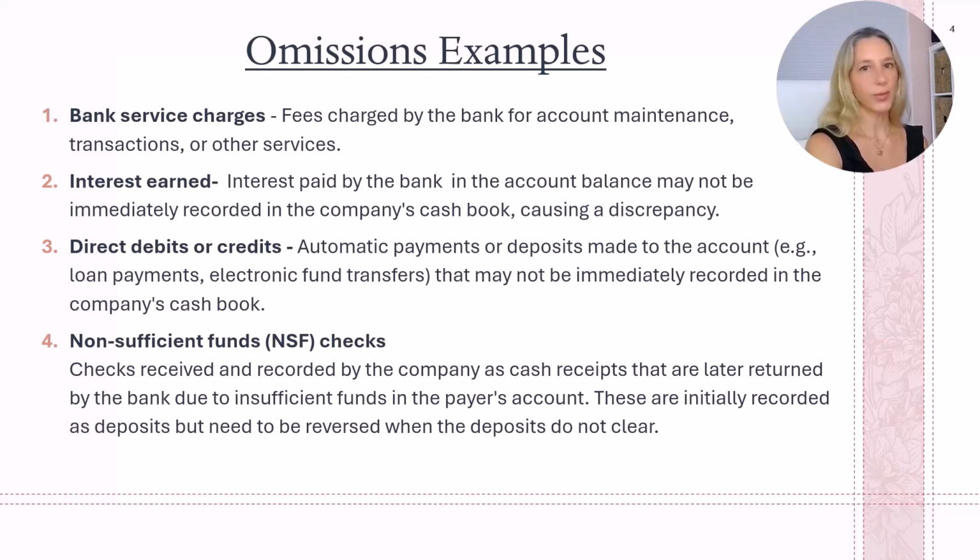Automatic payments or deposits made to the account, such as loan payments and electronic fund transfers, that may not be immediately recorded in the company's cash book. Non-sufficient funds checks. For example, checks received and recorded by the company as cash receipts that are later returned by the bank due to insufficient funds in the payer's accounts. These are initially recorded as deposits, but need to be reversed when the deposits do not clear.